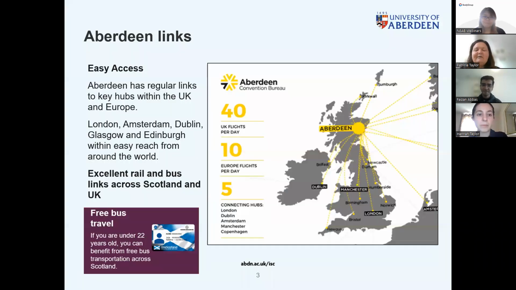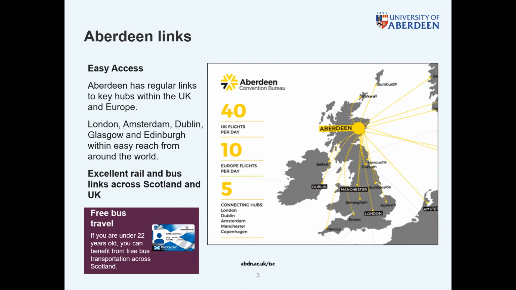Okay, so where are we? We're very easily accessible. As I say, we have regular links across the world, especially links to London, to Amsterdam and Dublin, where there are various flights per day.